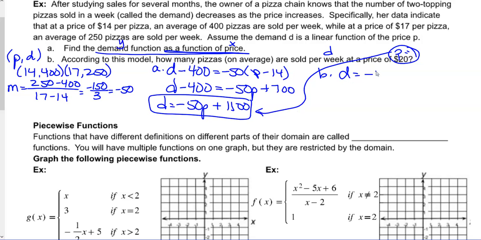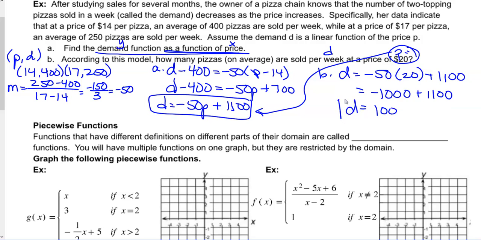Therefore, D is equal to negative 50 times 20, add to that 1100. Negative 50 times 20 is negative 1000, plus 1100 is equal to 100. And that is the demand if we were to sell those pizzas for 20 bucks. Okay? All right, very good.